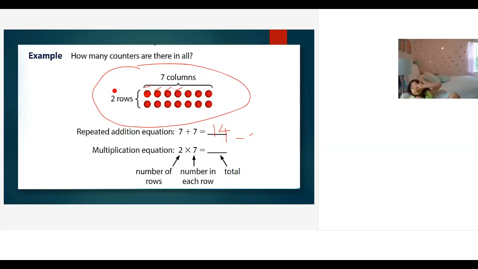I find the number of rows and number of columns and multiply them. So 2 times 7 gives you 14.